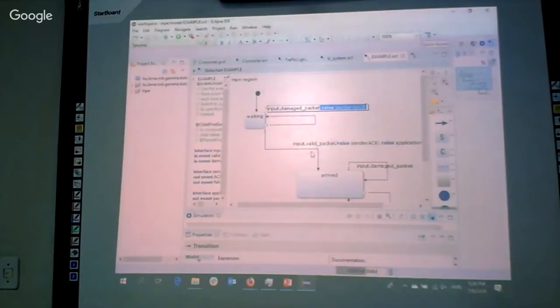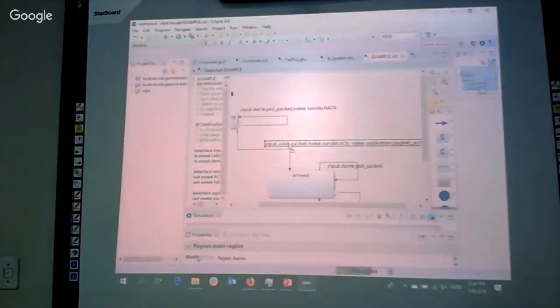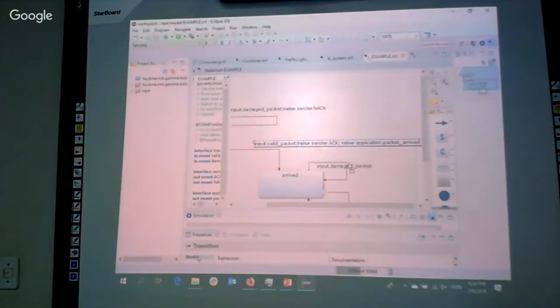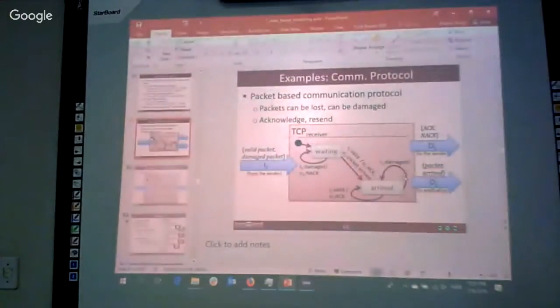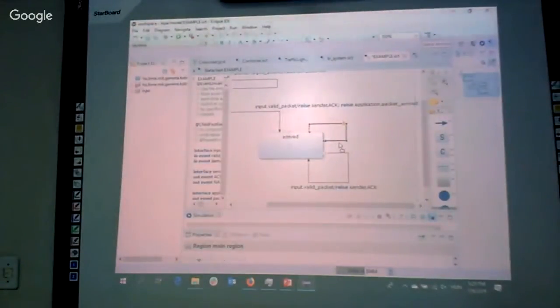Or if we received a valid packet, we go to the arrived state and we raise an acknowledgement to the sender, and we raise a packet arrived message to the application. And when this message arrived, actually we just do not do anything with damaged messages. So there is a self loop here.